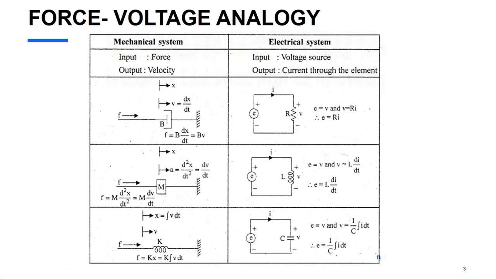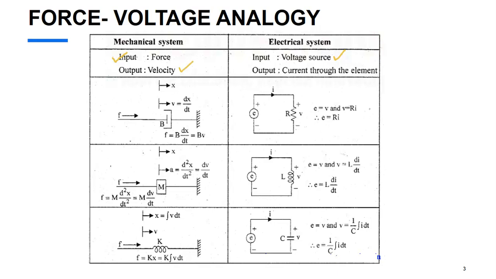Force voltage analogy. Here, in case of the force voltage analogy, the input in the mechanical system is a force, which is equivalent to a voltage source in the electrical system. Output is a velocity.